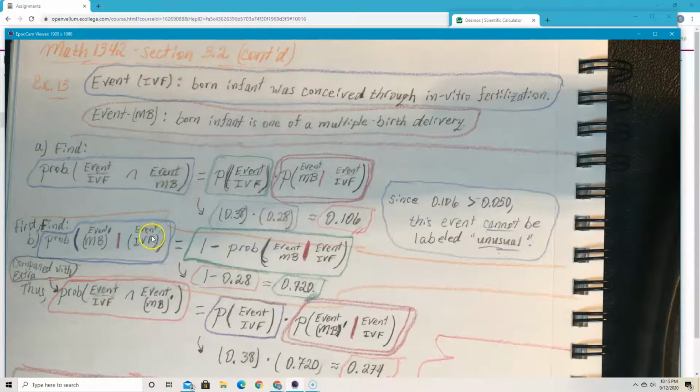So we need to realize that they are complementary events, and therefore, if we know the other one, the 0.28 they gave us, it's 1 minus the 0.28, which is 0.720.